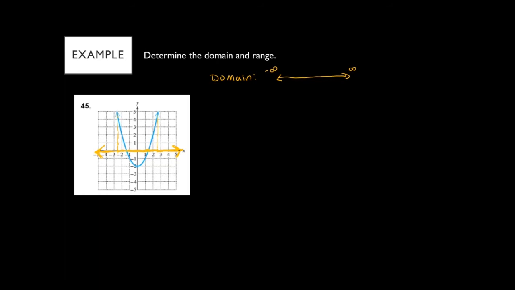When your whole x-axis is covered, that is all real numbers for a domain. We usually write that in interval notation as -infinity to +infinity, because you can read that off of your number line. Your left goes to negative, your right goes to the positive.